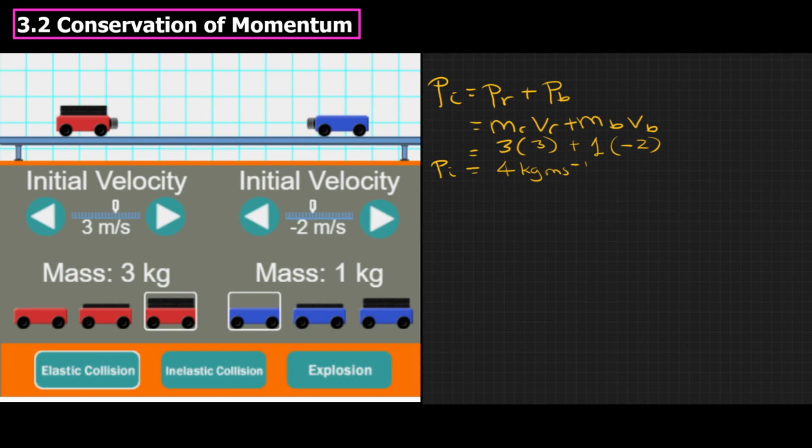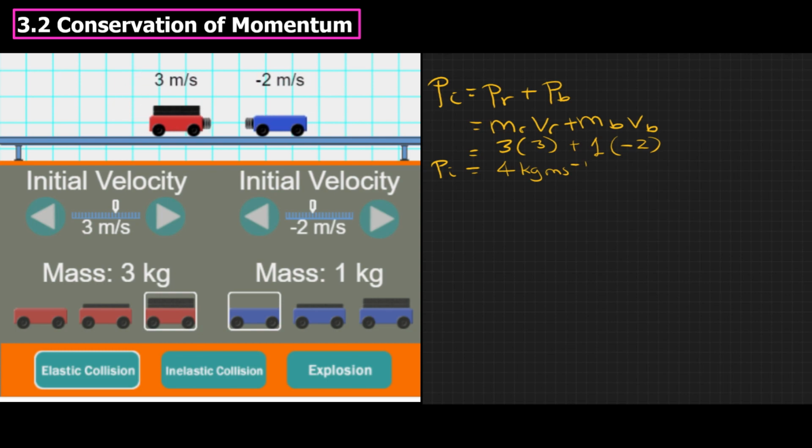So let's make it collide, and then we can see the final velocities. Okay, it's going to collide. There we go. Now we can calculate the final total momentum.